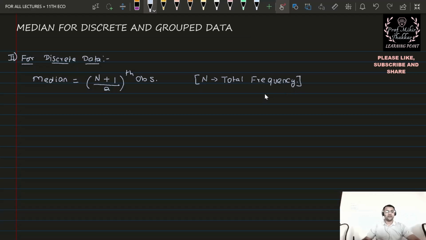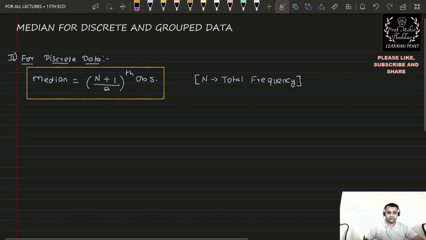Generally in this kind of a data, the observations will always be given to us in the ascending order. So we won't need to make any further changes for converting into ascending order or anything. So straight away you would be able to apply the formula.